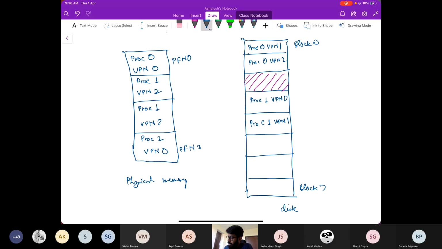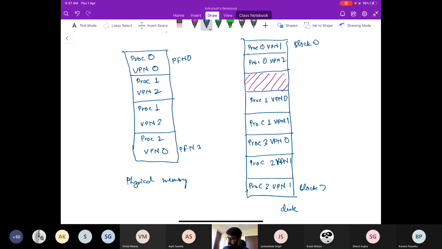And suppose here you have another process like process 3, VPN 0, process 2, VPN 1, and then again process 3, VPN 1. Okay. So suppose the swap space looks like this.